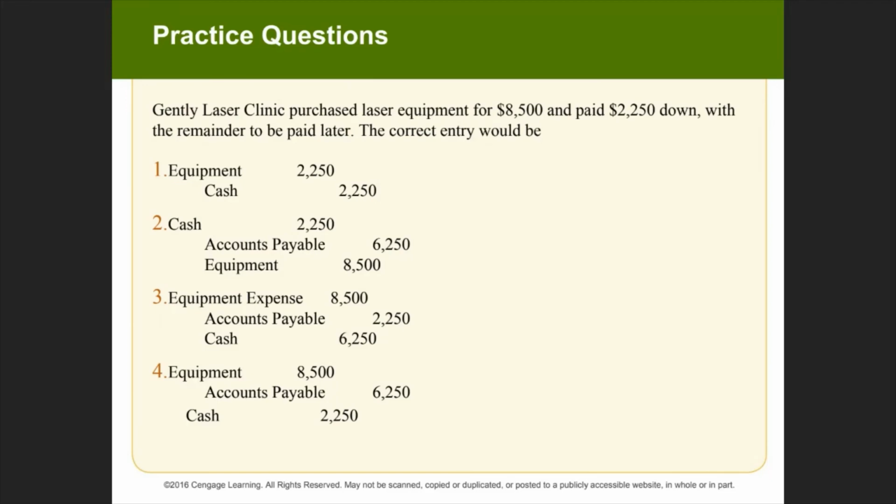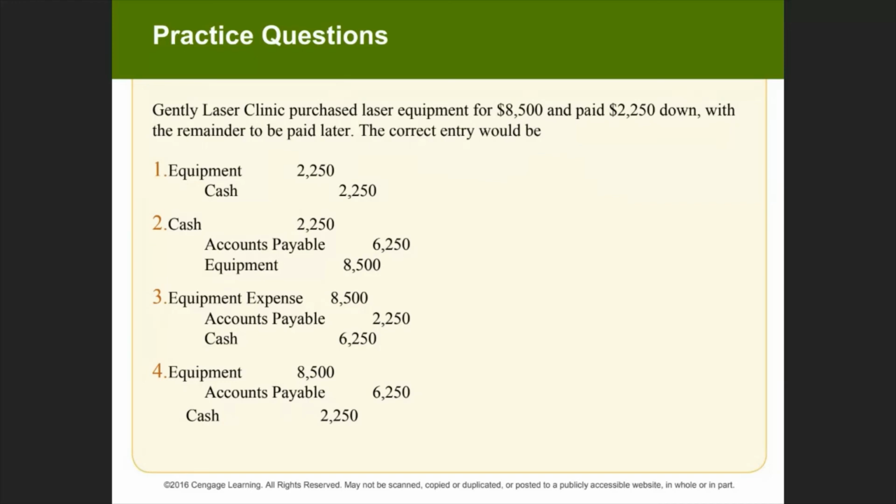We paid money down, so a cash account, and then we have money that's gonna be paid later, so a payable account, because we're gonna owe money. So we're gonna have 3 accounts. So you can already rule out one of the answers. So it's not one, it'll be 4. What is it? Number 4?